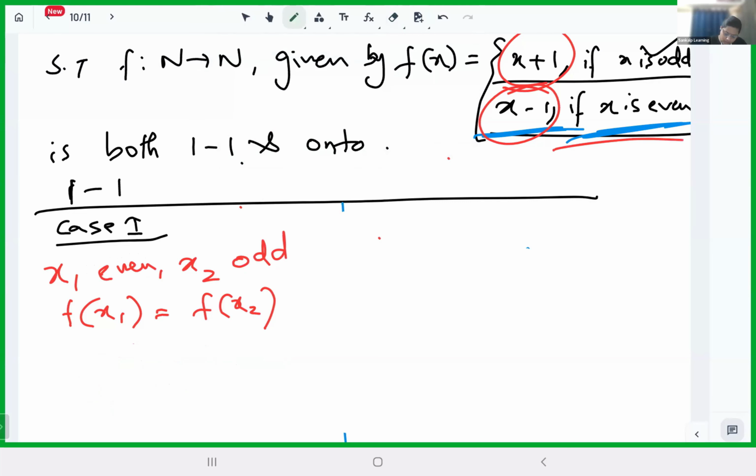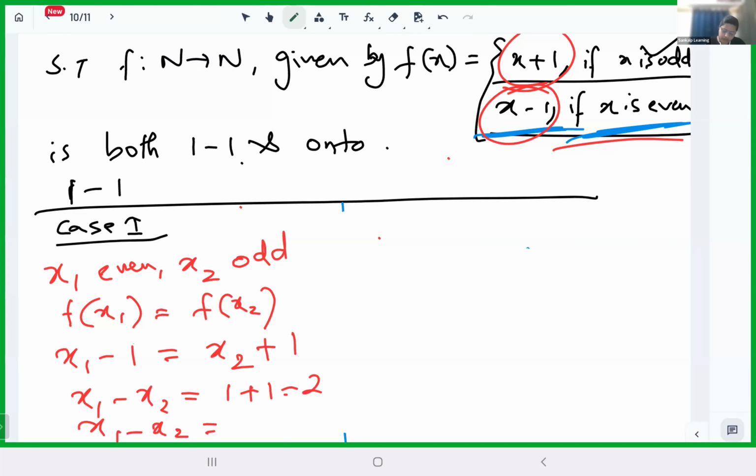It is even, so this will be x1 minus 1, that is equal to, here x2 is odd, so it will be x2 plus 1. So x1 minus 1 is equal to x2 plus 1, and x1 minus x2 is equal to 1 plus 1, that is equal to 2.